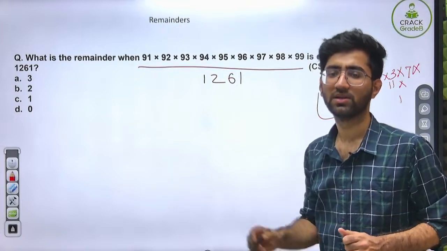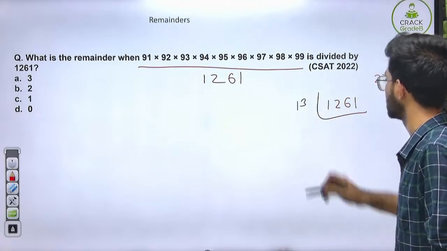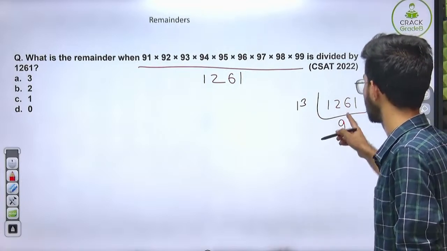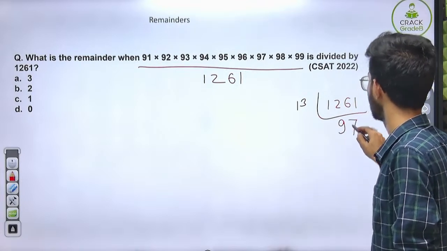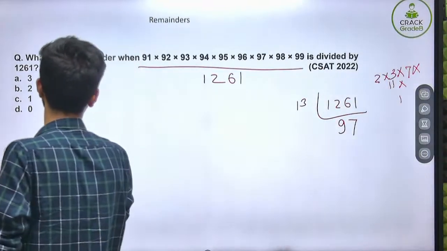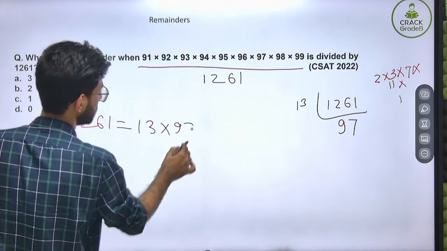Now you should try 13. Yes, this number is divisible by 13. 13 into 9 is 117, and then 13 into 7. Basically you can say that 1261 is equal to 13 into 97.